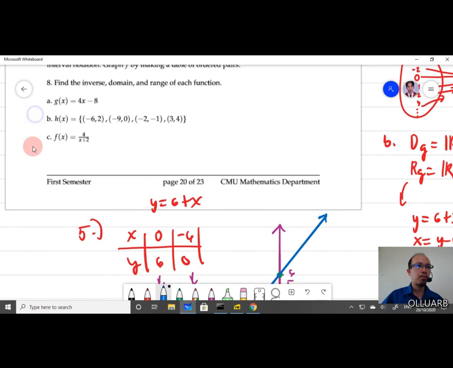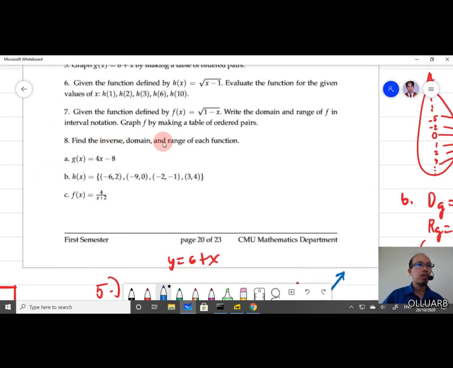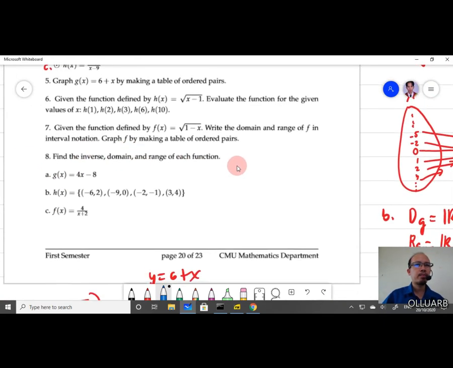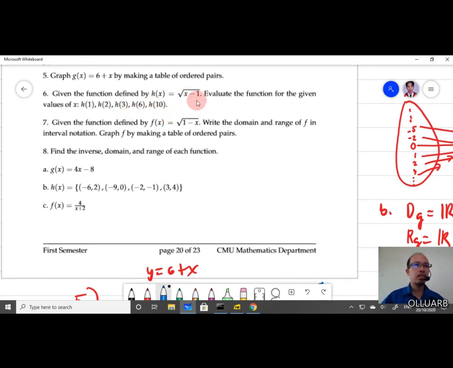the problem in number 5. So for number 6, given the function defined by this one, evaluate the function at h of 1, 2, 3, 6, 10.